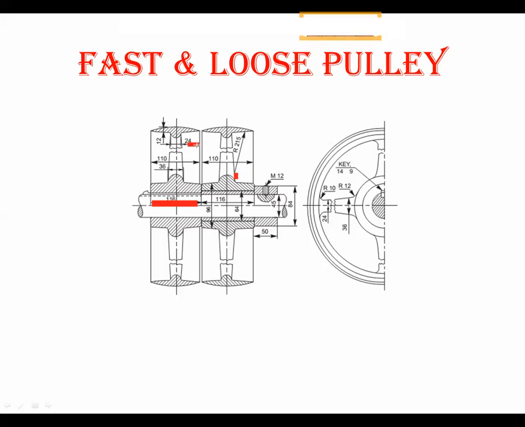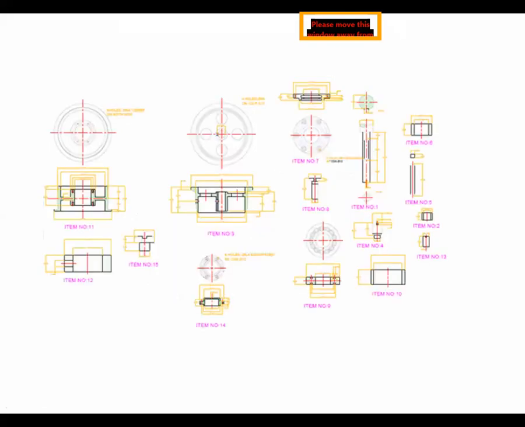Then you have to draw the same dimensions in the detailed part. Okay, now you have practiced different diagrams, so you can easily draw different parts of such fast and loose pulleys, and give proper numbering and naming, so you are able to draw these things.